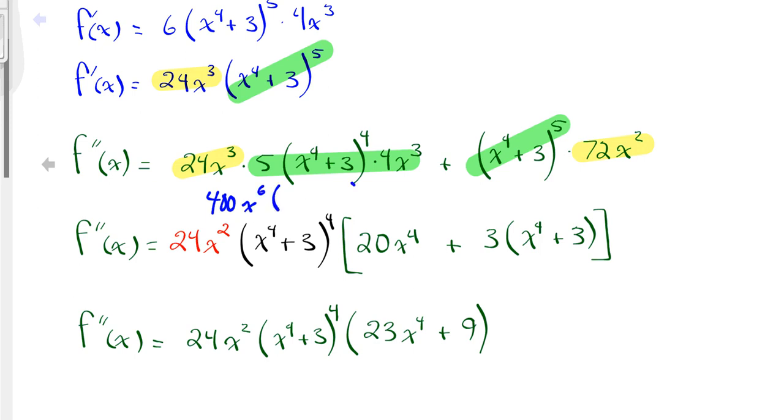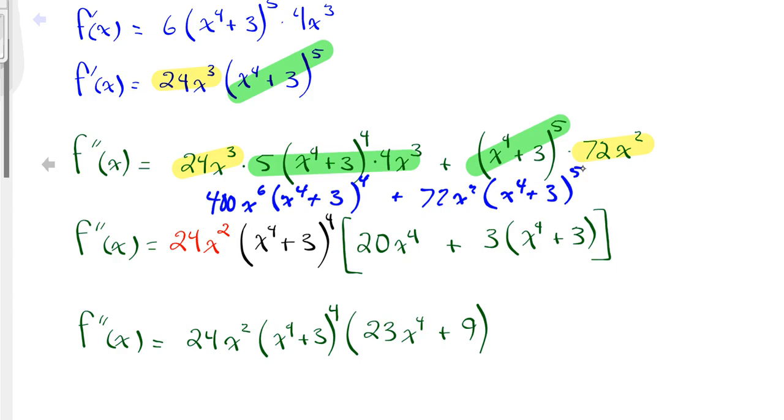And then I have that bracket, x to the 4th plus 3, all to the 4th. And then my second term has the 72x squared, x to the 4th plus 3 to the 5th.